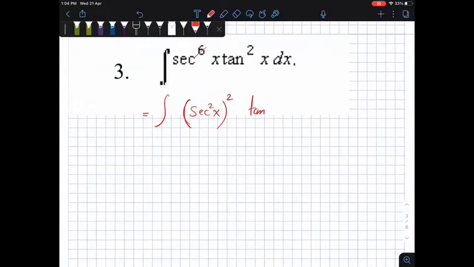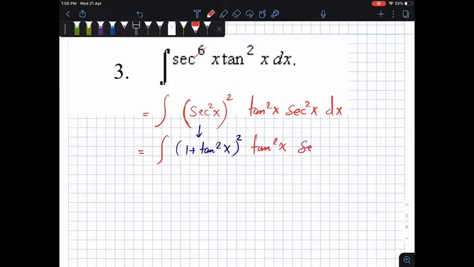This gives us sec to the power of 4 x tan squared x, and we still have sec squared x dx. You know the relevant identity of sec squared, which is 1 plus tan squared x, all squared, multiplied by tan squared x multiplied by sec squared x, and then we will use u substitution.